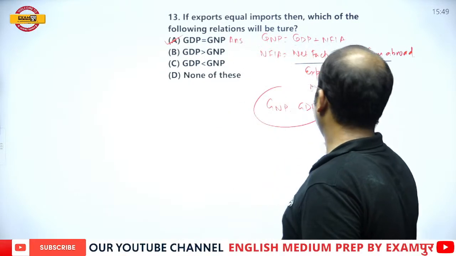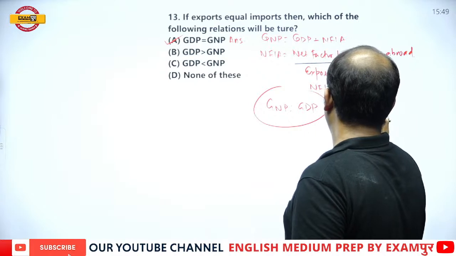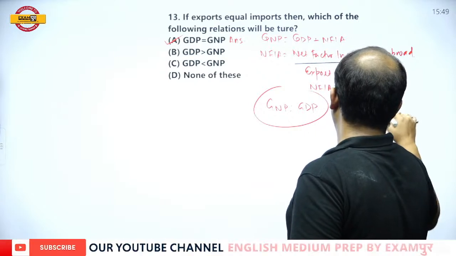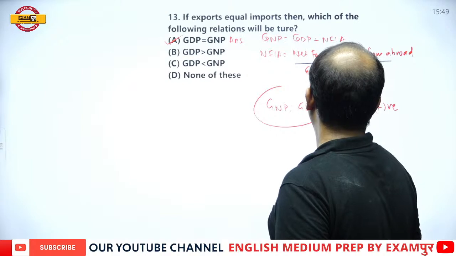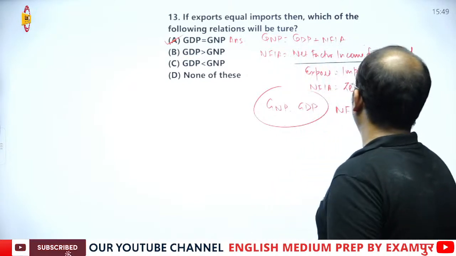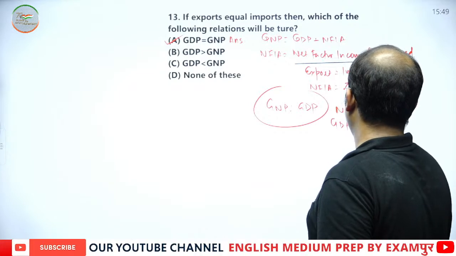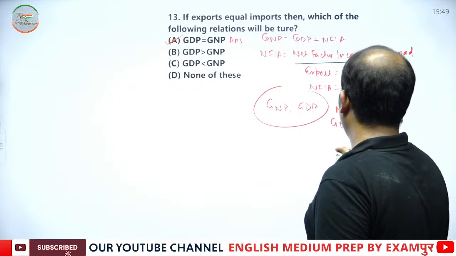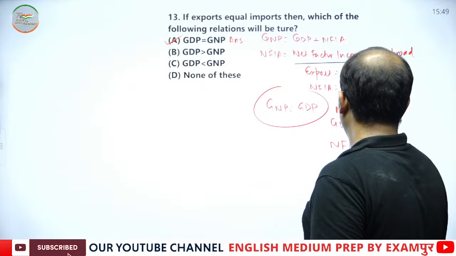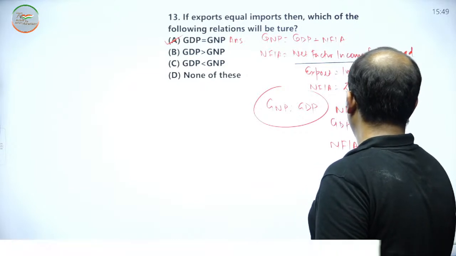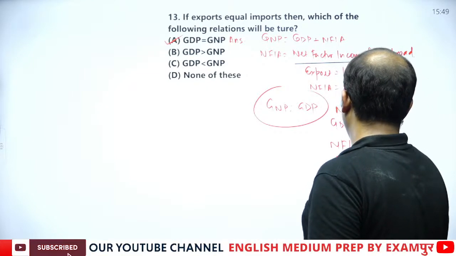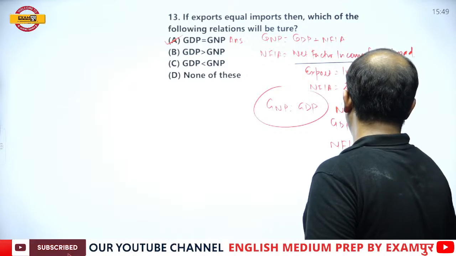If NFIA is positive, then GDP is less than GNP, and if NFIA is negative, then GDP will be greater than GNP.